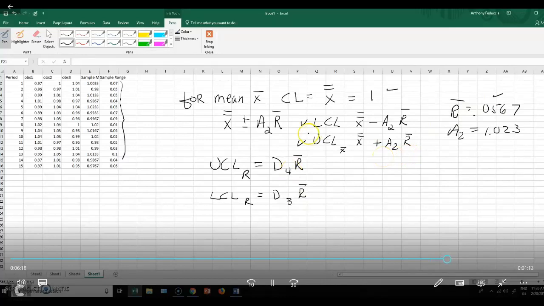We need to go back to the chart to find D3 and D4. And for sample size of 3, the lower one is 0 and the upper one is 2.574.